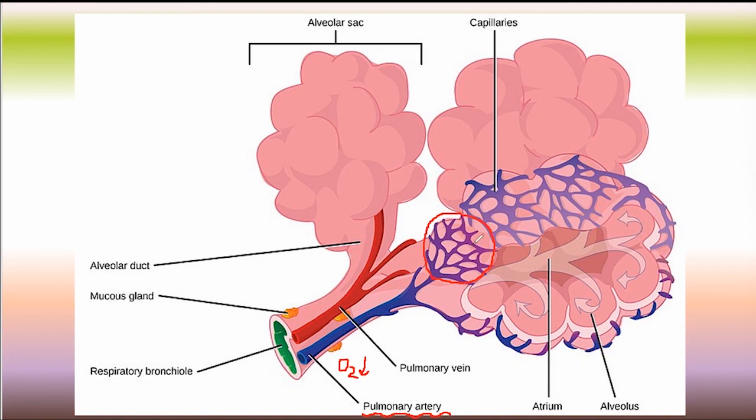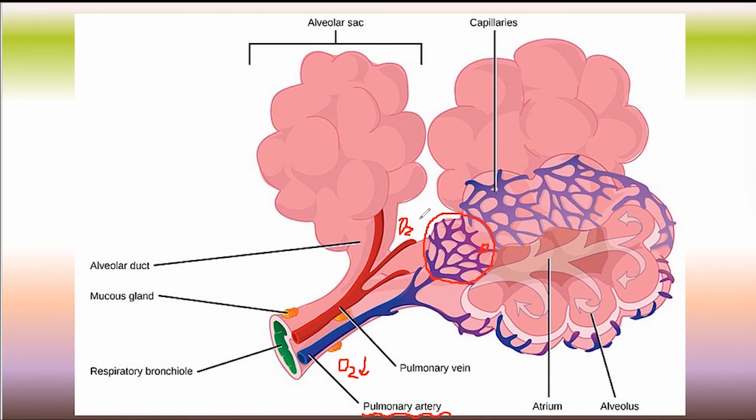In that area, they take in oxygen and release carbon dioxide. Then the blood will have more oxygen inside. So that's the red color here.